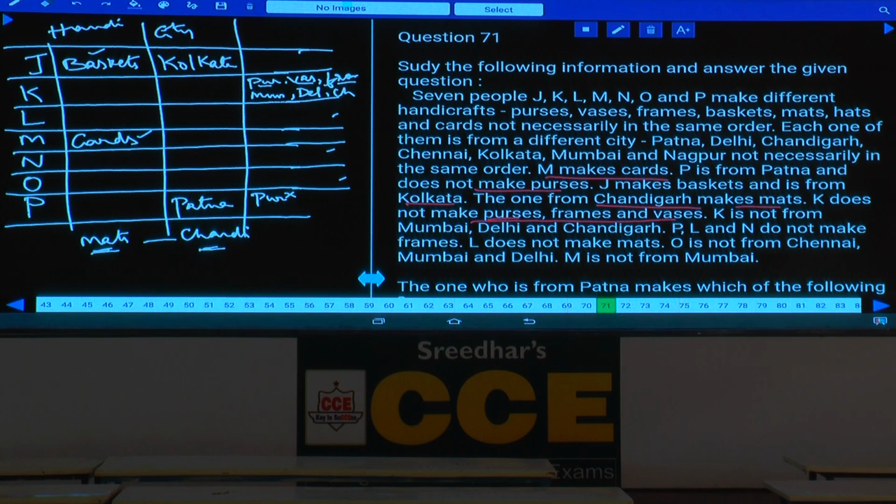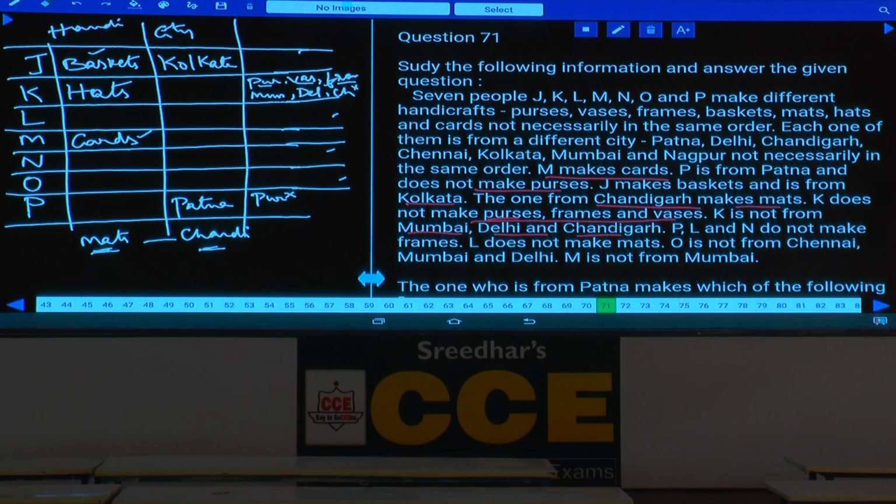Now this person is left with only 2. What are those 2? Either this person can make mat or hat. If this person makes mat, then this person must be from Chandigarh. As this person is not from Chandigarh, this person is not doing mat as well. Hence finally what is left over here? This person is doing hat. And this is how to infer the data from the given information. Clear now?